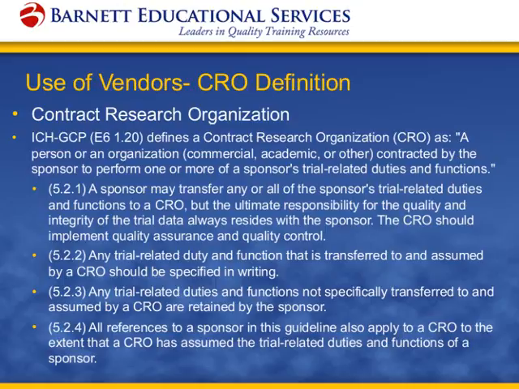But truly, they are a person or an organization, commercial, academic, or other, contracted by the sponsor to perform one or more of the sponsor's trial-related duties and functions. A sponsor may transfer any or all of the sponsor's trial-related duties and functions to a CRO, but the ultimate responsibility for the quality and integrity of the trial data always resides with the sponsor.